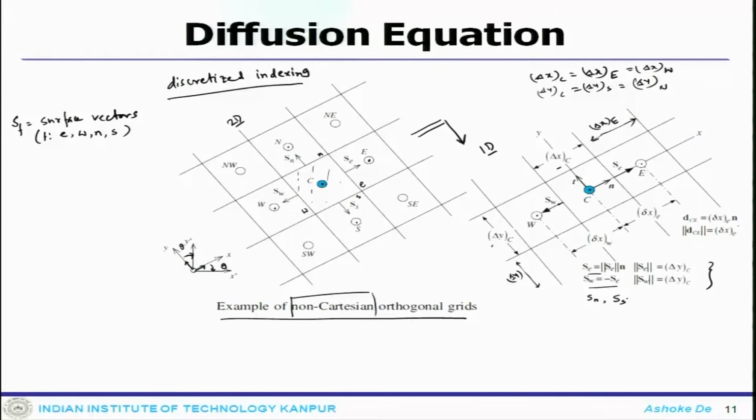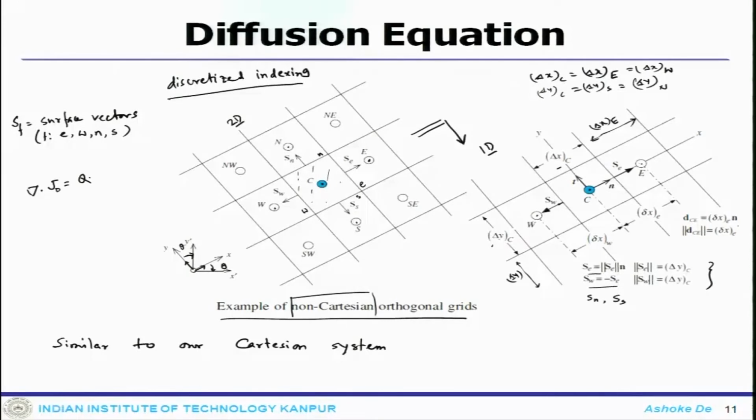Now, if you look at the discretized equation, it should look similar to our Cartesian system, and we can derive that. How can we derive that? We will start with our standard equation, divergence of J equals q.